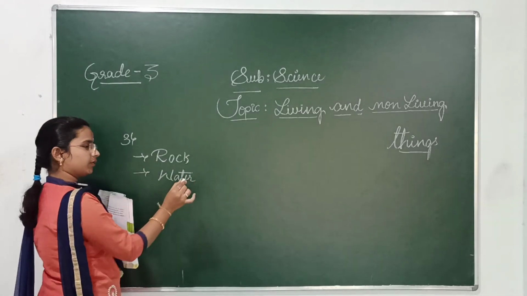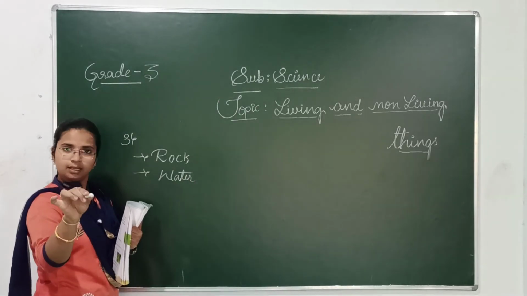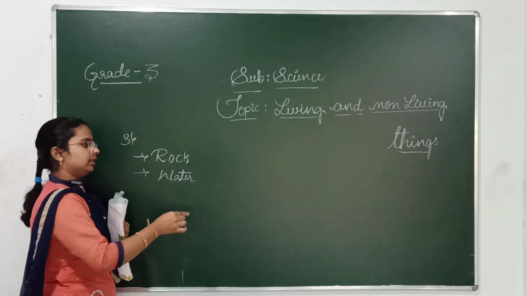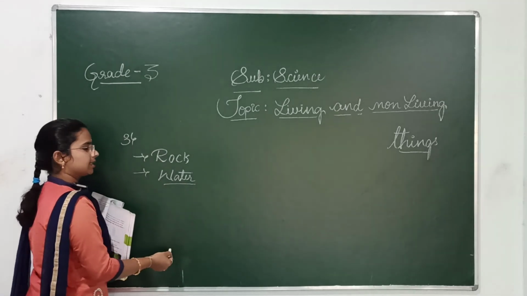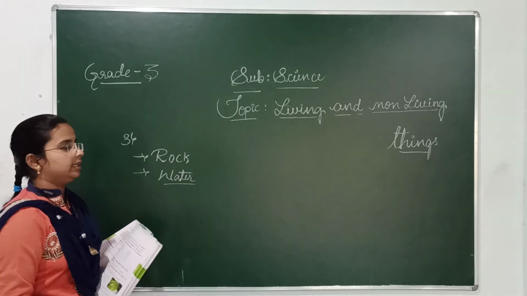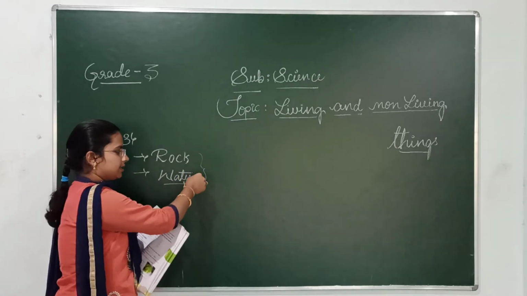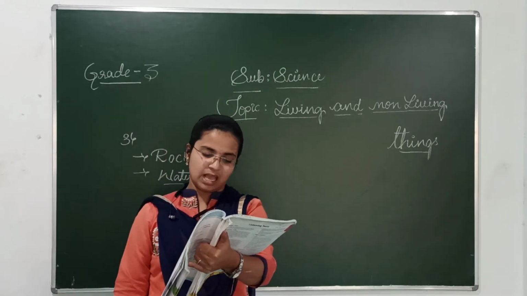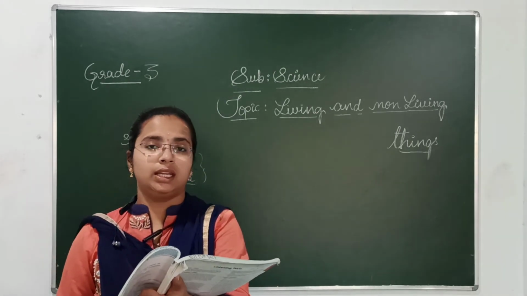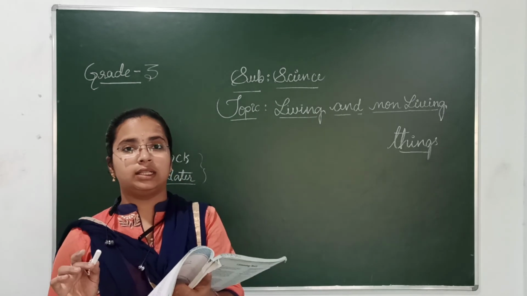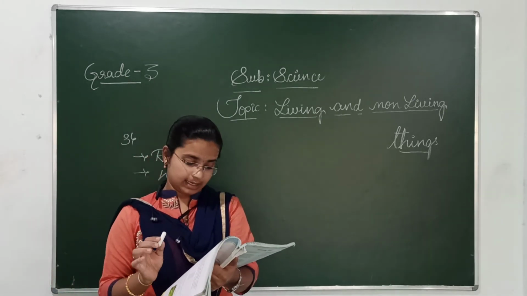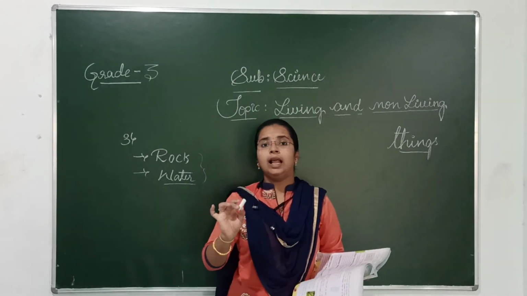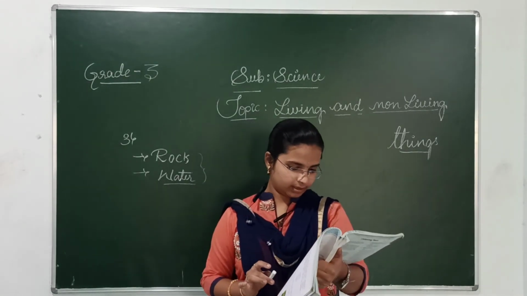Water is very essential for living organisms to grow, but water itself is a non-living thing. These are the examples for natural non-living things.